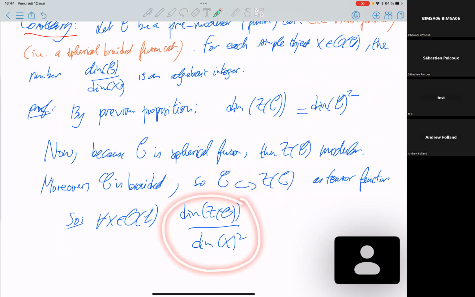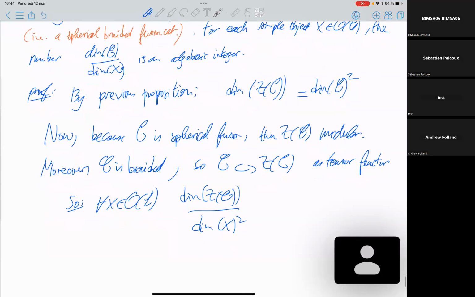So you can state this result, true for modular category, that the dimension over X is an algebraic integer. Result for modular category. We stated last time or two times ago.